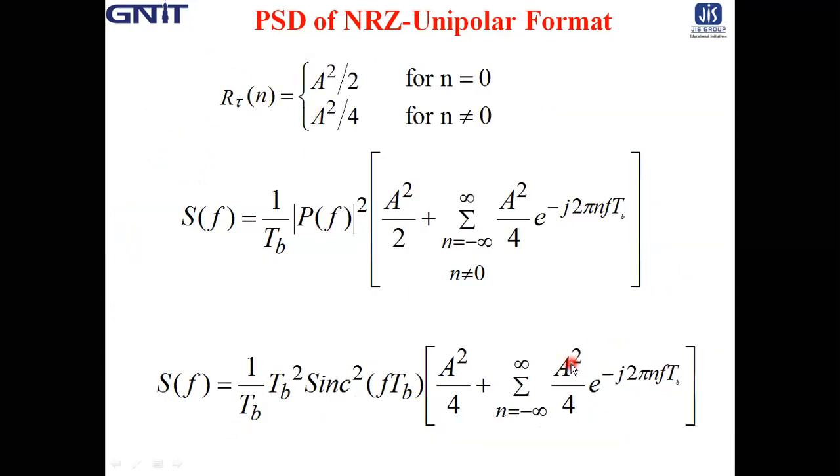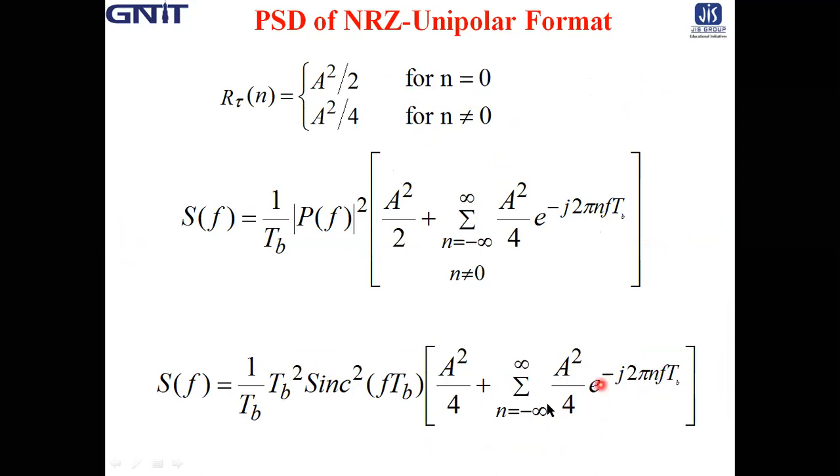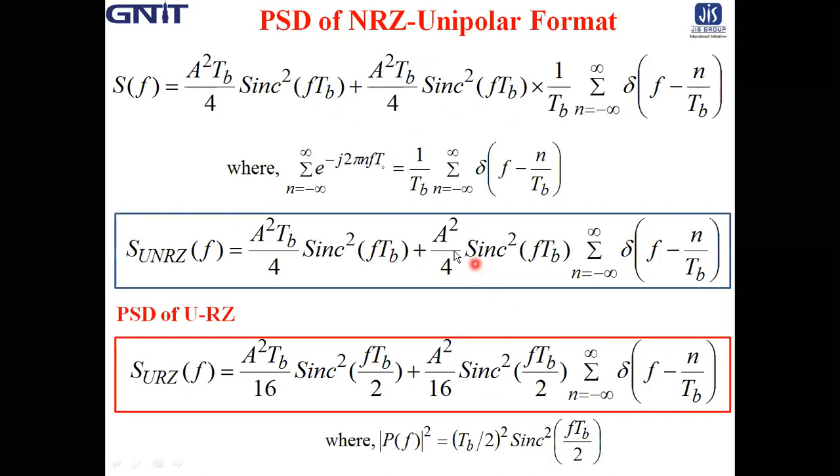And the second term is A²TB/4 sinc²(fTB) times the summation over n equal to minus infinity to plus infinity of e^(-j2πnfTB). This is equal to 1/TB times the summation over n equal to minus infinity to plus infinity of the delta function δ(f - n/TB).